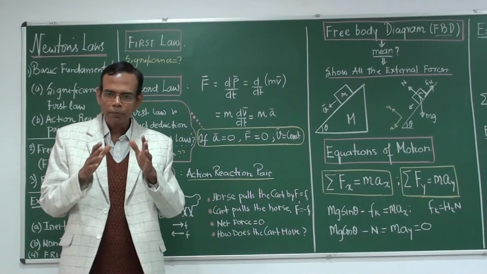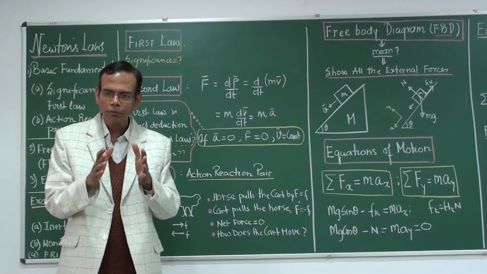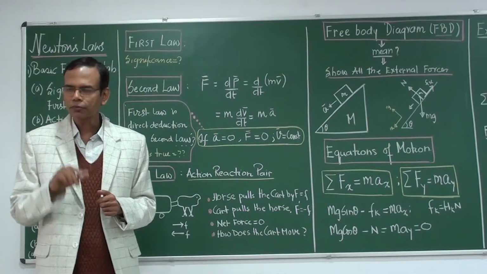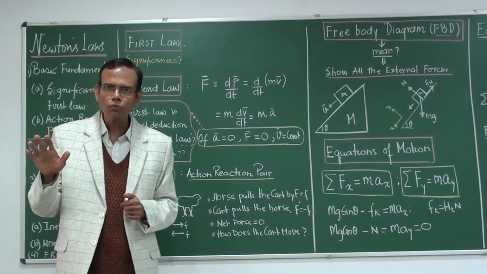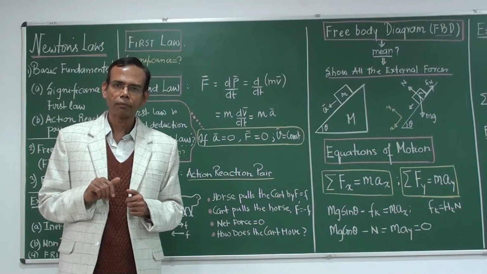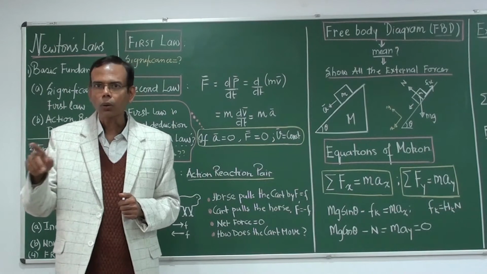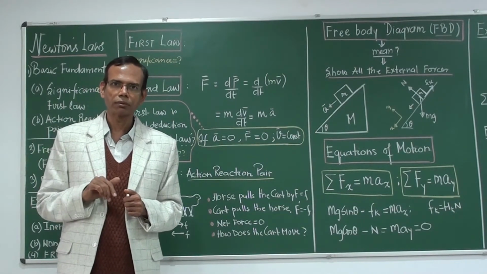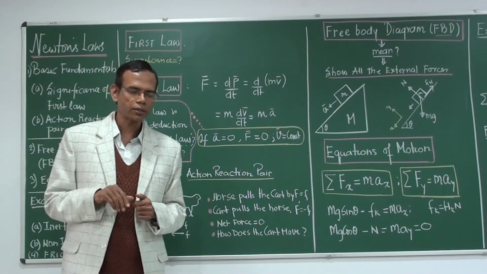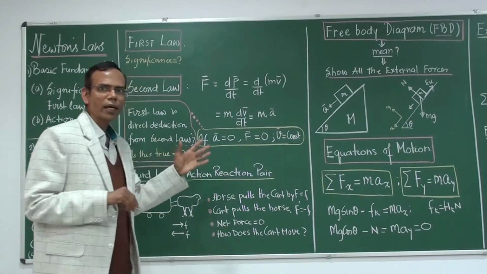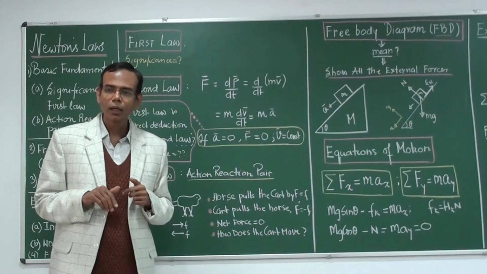Now, a standing person from an inertial frame observes that there is no force acting on the person on the platform. So if no force is acting on him, how can he have an acceleration? That is where the whole problem is.